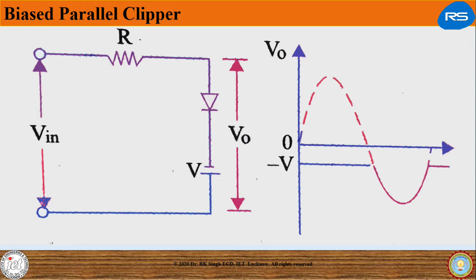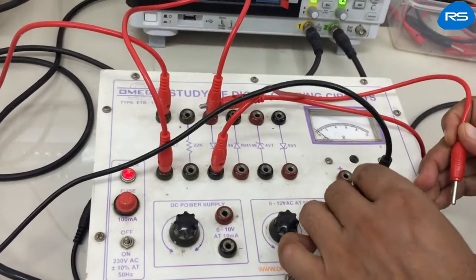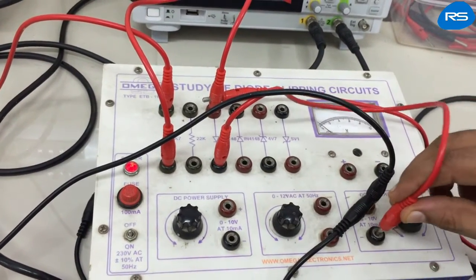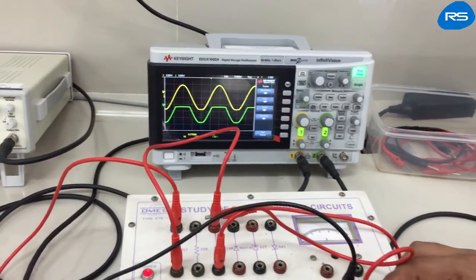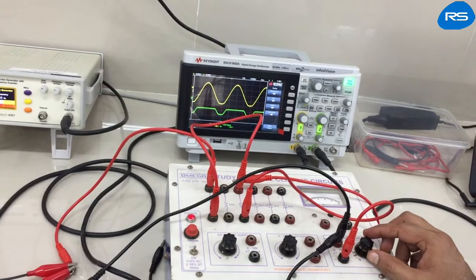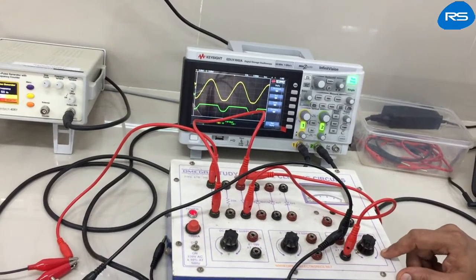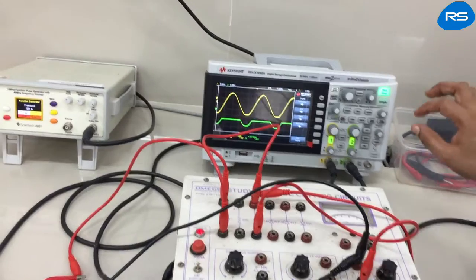So we will make the connections for this circuit. We have already made this kind of circuit. We just change the polarity of this DC power supply and we will get output like this. With the variation of this DC power supply, you can observe the output being clipped off.